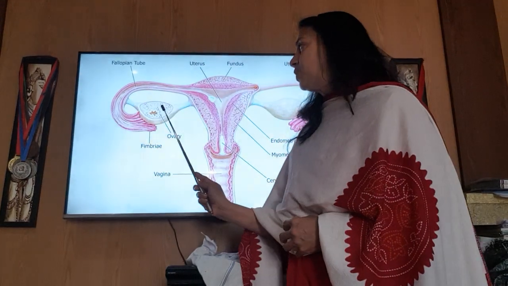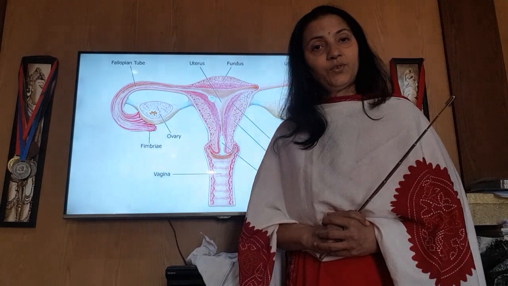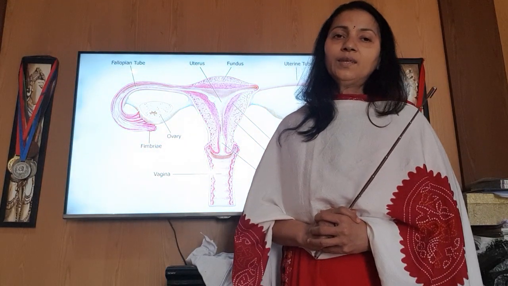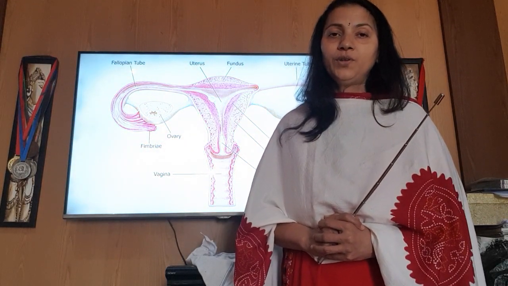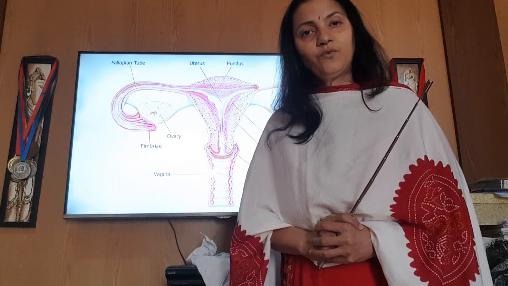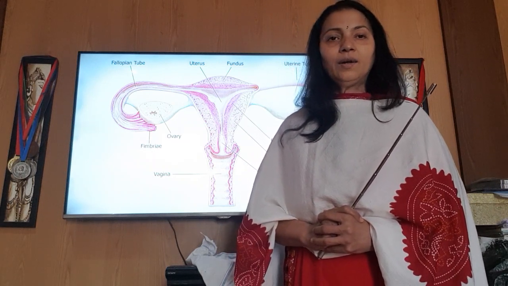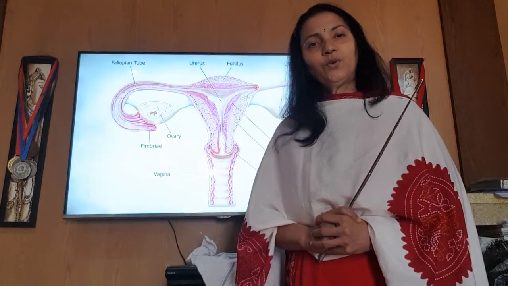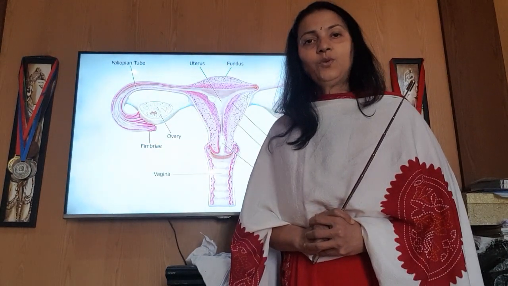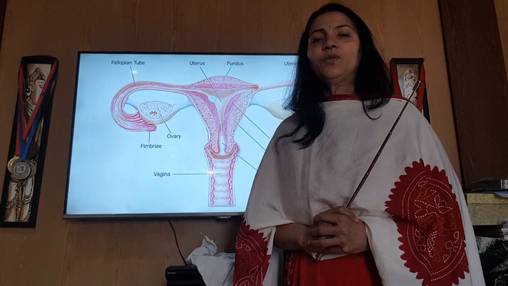But this corpus luteum forms progesterone. So the next 14 days after ovulation are called the progesterone phase. If fertilization occurs, the progesterone will continue to be secreted by the corpus luteum.